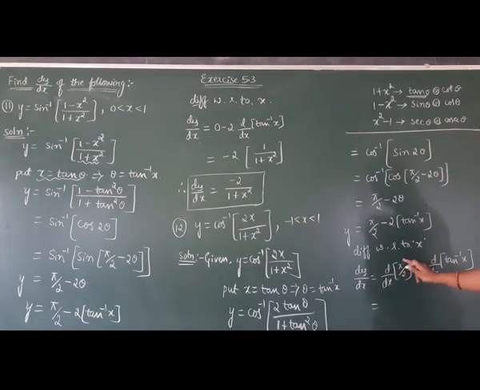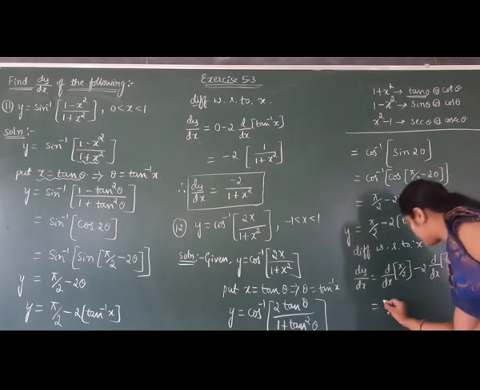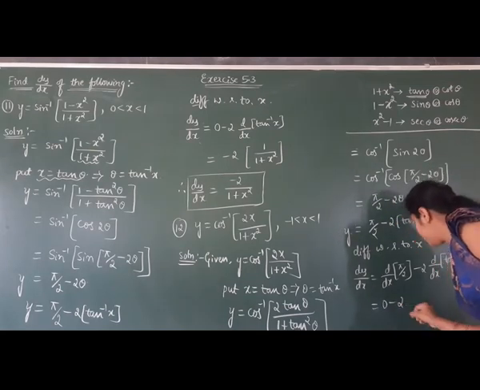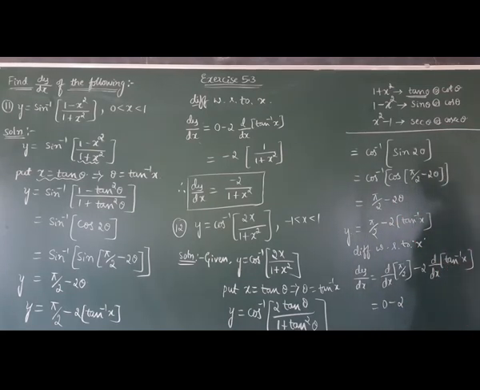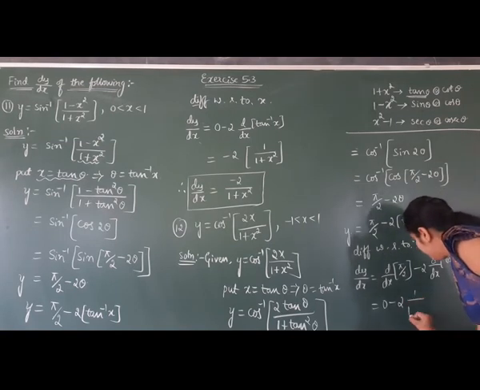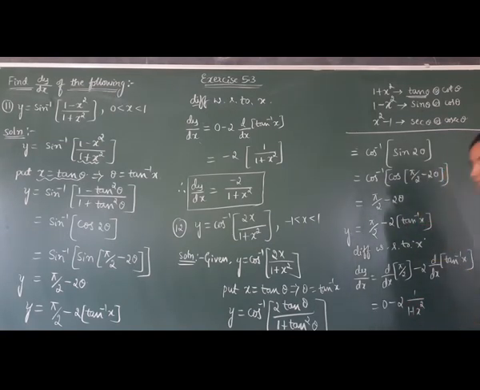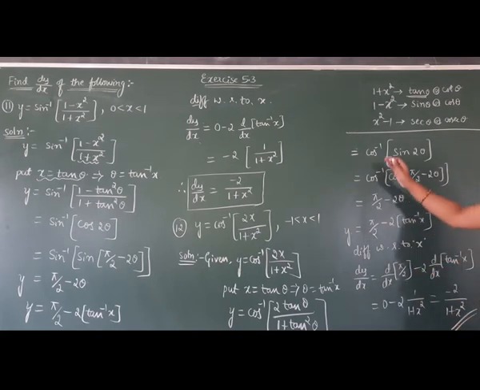So the derivative of constant pi by 2 is 0, minus 2 into derivative of tan inverse x, which is 1 divided by 1 plus x square. This is equal to minus 2 divided by 1 plus x square. Therefore, the derivative of the given function with respect to x is minus 2 divided by 1 plus x square.